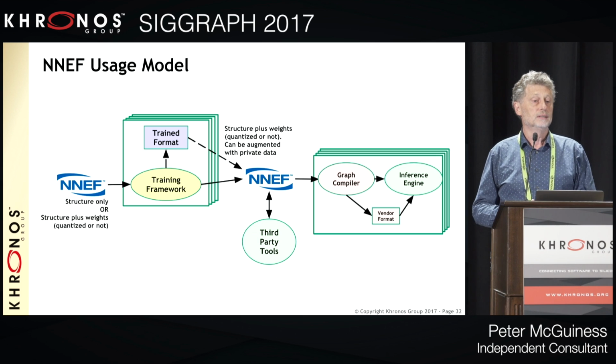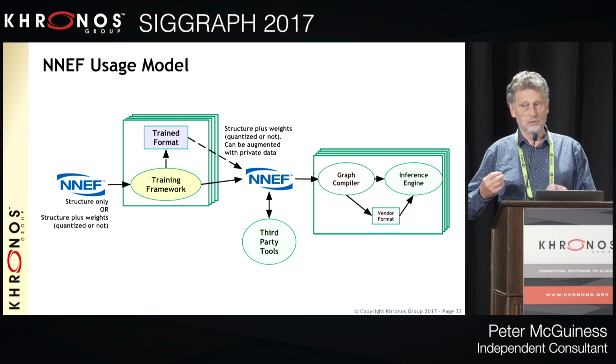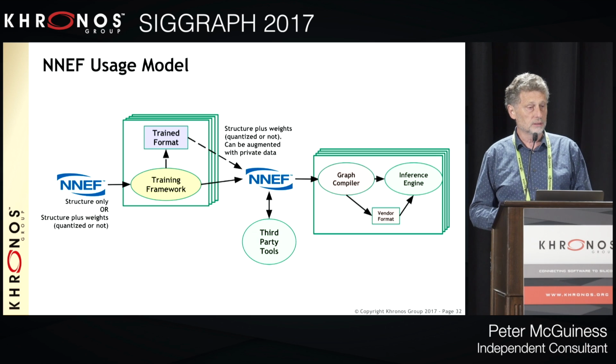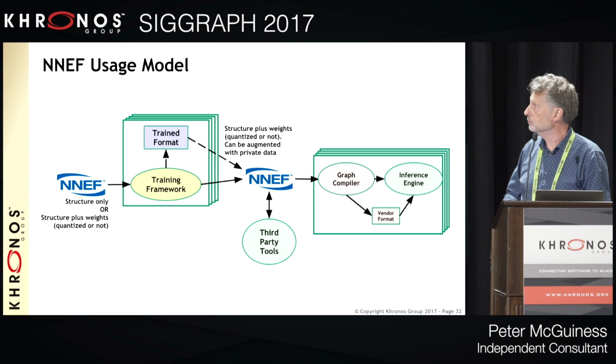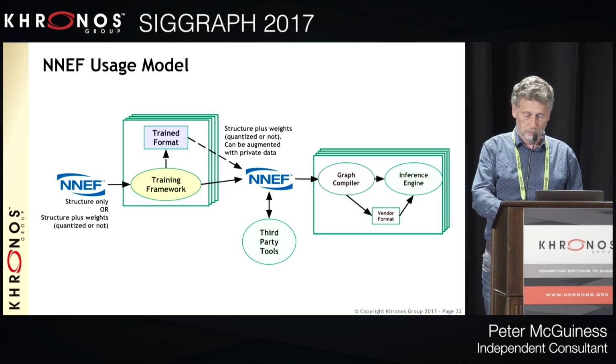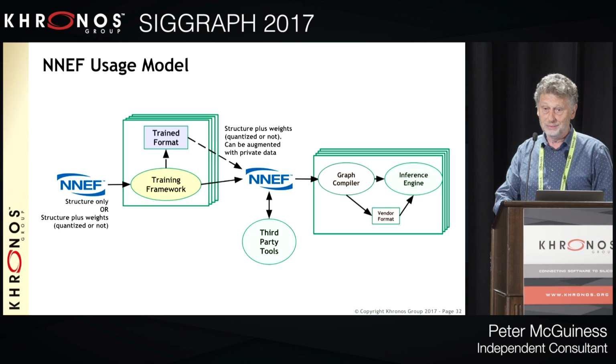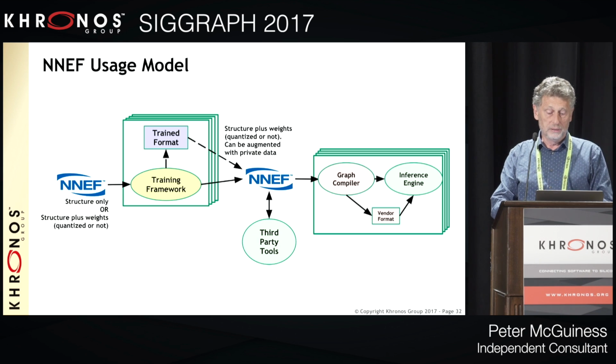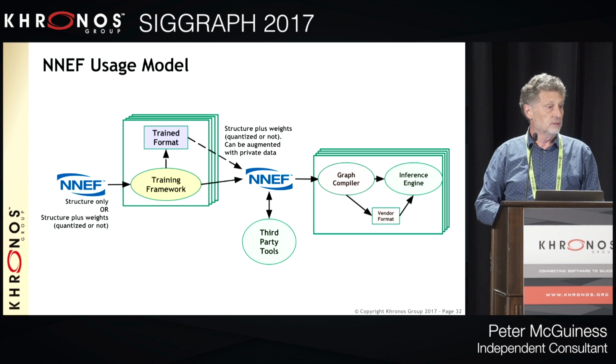So the first proposal that we have, which is going to go, hopefully by the end of this year, to standard 1.0 provisional, will be aimed at that part of the flow.